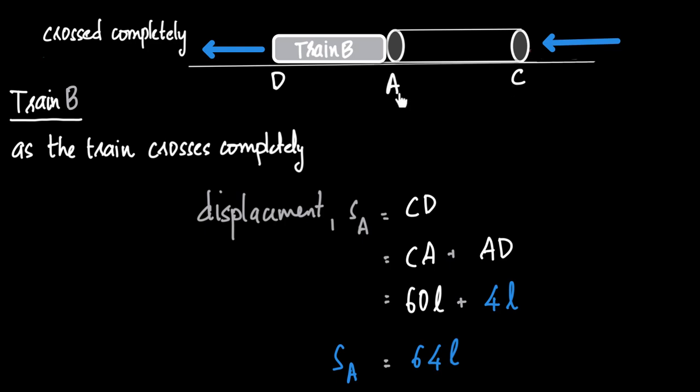So, what is CA? We know it is the length of the tunnel, which is 60L. What is AD? It is the length of the train, which is 4L, according to the question. So, this should be displacement of train B, which is 64L, right?